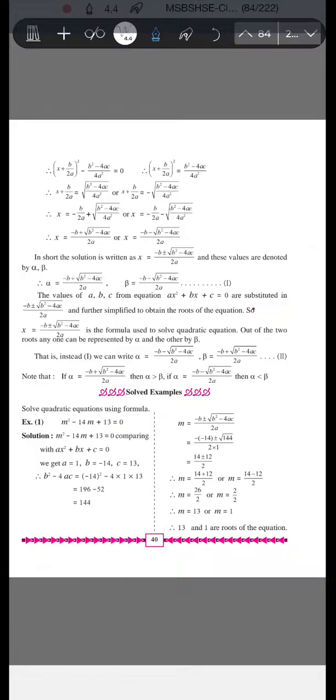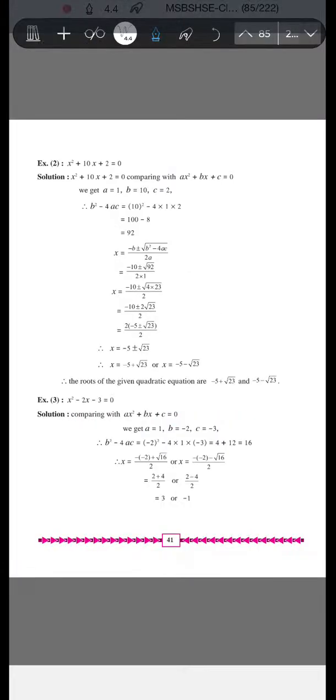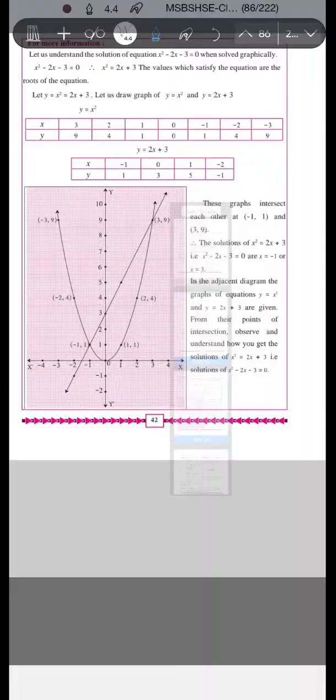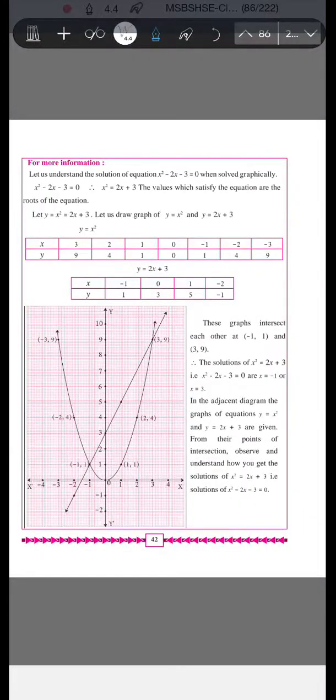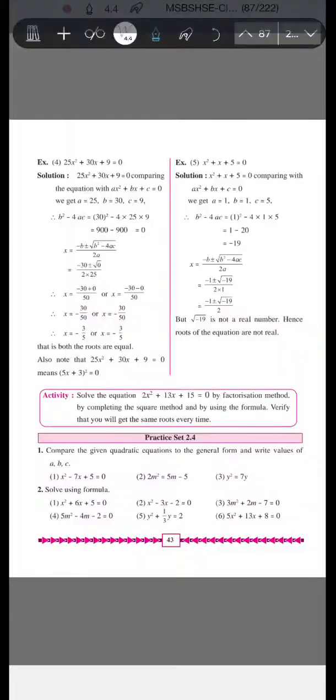Now we are going to start the next term, roots of a quadratic equation, which we have also already covered. Based on that, here is practice set 2.3.